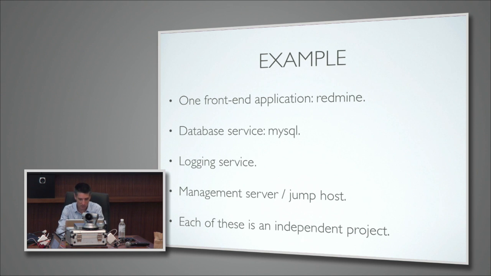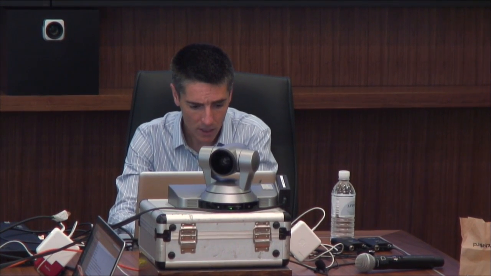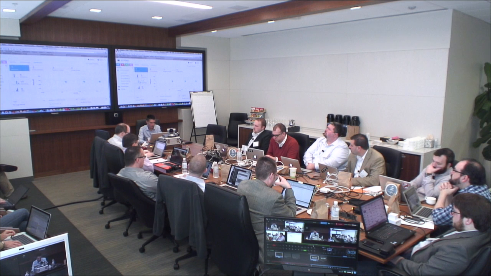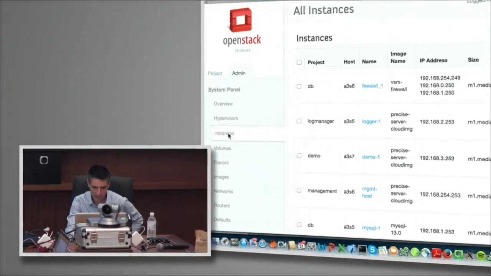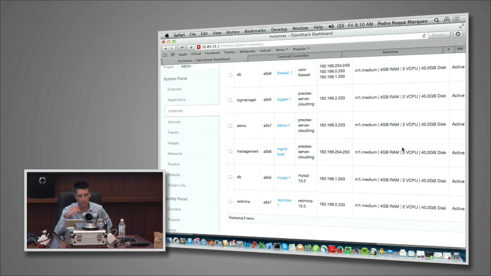So let me just see if I can jump back again to my existing cluster, and I'm logged in currently as admin, and as admin I have an example that is currently running of this setup, where I have a Redmine application here.